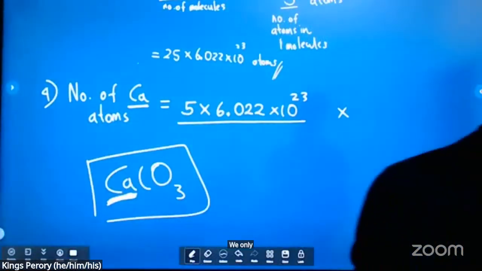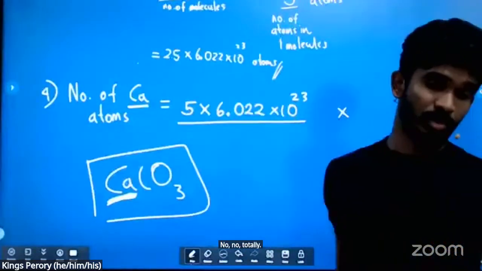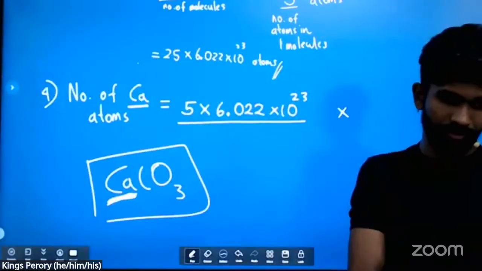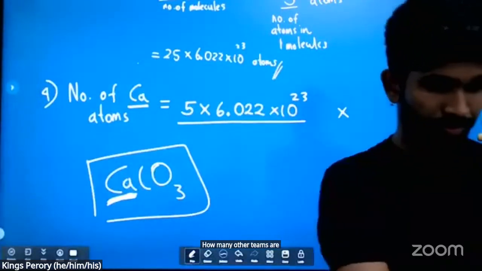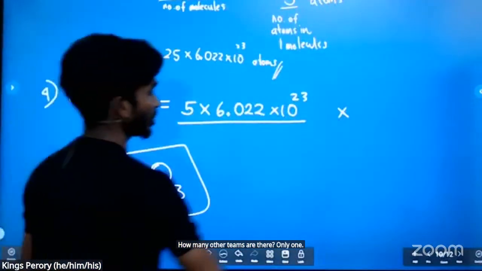We only look at calcium now. Before we counted the total. Now no total. We only look at calcium. How many calcium are there? Only one. Then you multiply by 1.